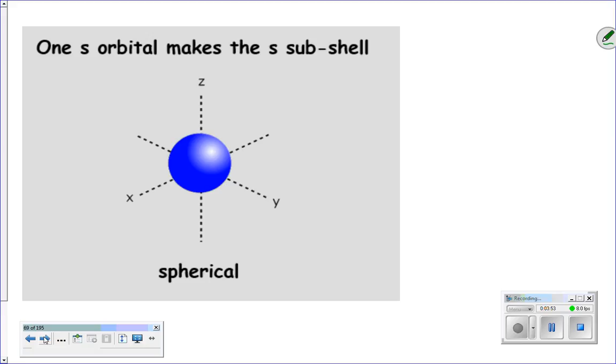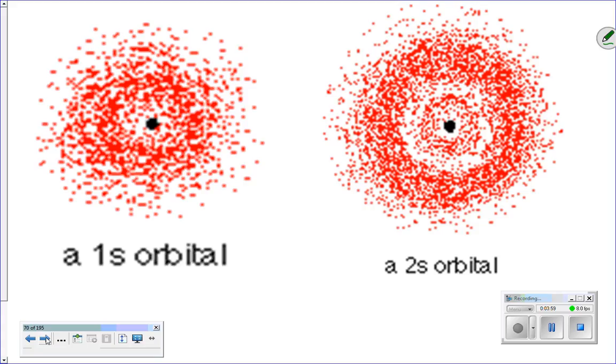So orbitals have some weird shapes. The s orbitals are spherical, which isn't too weird. So they look pretty predictable. What's kind of interesting about this picture right here is if you imagine each one of these is a bunch of pictures of one electron. Think about those sports cameras that take a whole bunch of pictures over and over again.